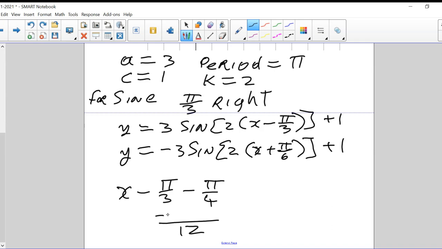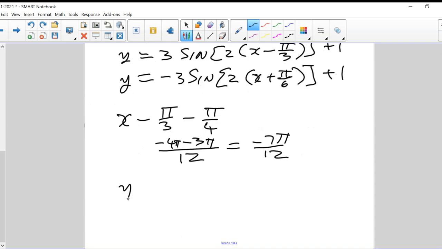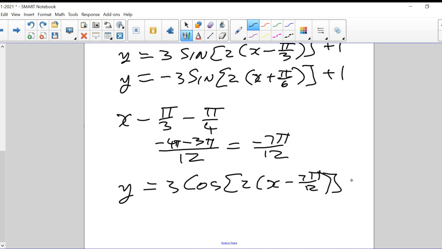So this would be minus 4 pi minus 3 pi, so yes, minus 7 pi over 12. So my new equation would be y equals 3 cosine of 2 times x minus 7 pi over 12, plus 1. That's what my cosine equation would be.